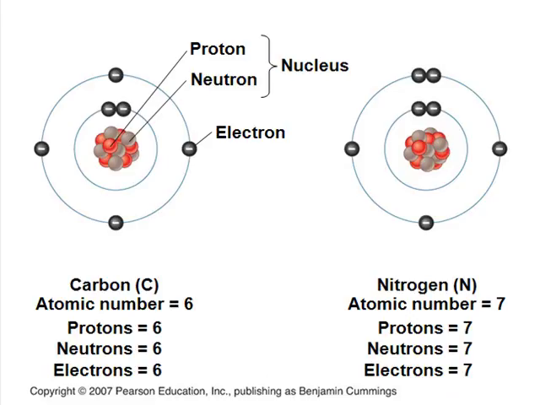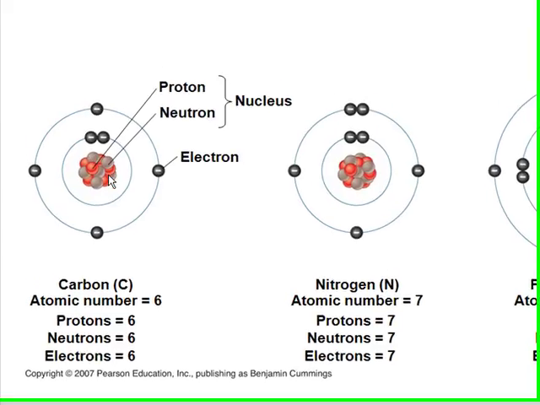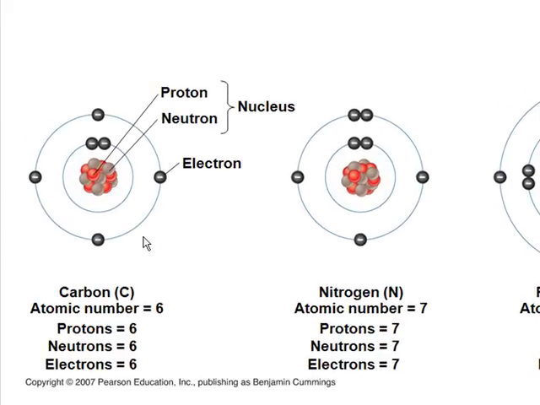Okay, so let's look at some examples. First, here's carbon, letter C. Atomic number is 6. That means that there are 6 protons, and if you look up at this figure above, atomic structure, you can see that the protons are the red particles, and there are 6 of those. Carbon has 6 neutrons. The neutrons are shown by these gray balls here, right? And you can note that both the protons and the neutrons are in what is called the nucleus or center of the atomic structure.